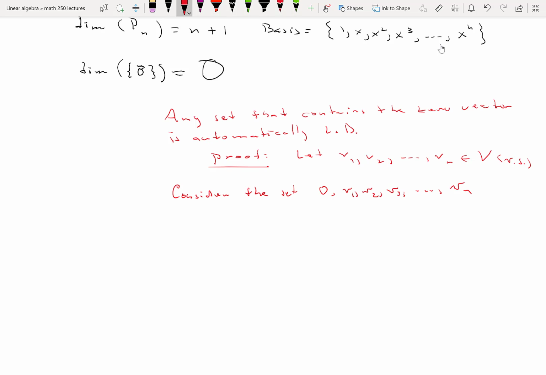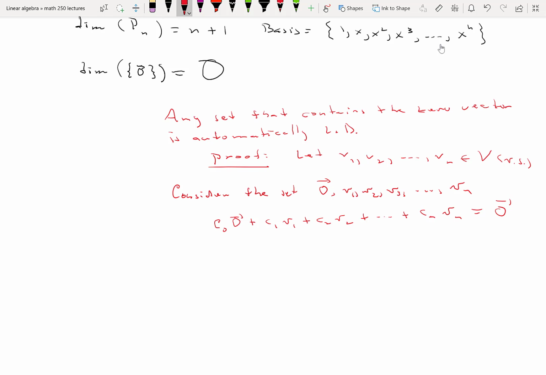What has to happen for linear dependence? So we have to set up the equation. Let me put an arrow over the zero vector. C0 times 0 plus C1 V1 plus C2 V2 plus ... plus Cn Vn equals the zero vector. And for linear independence, the only possible constants that can result are 0.